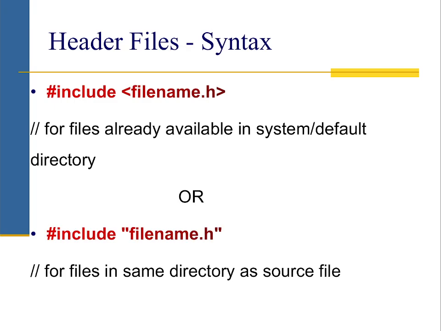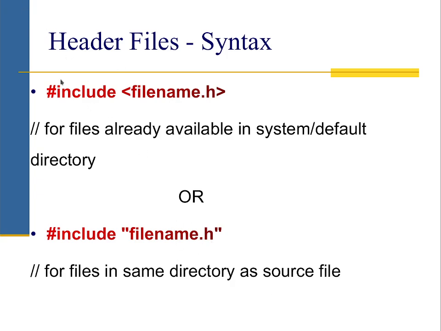So here is the syntax to use a header file. You use the hashtag include, then you put in less than and greater than with the file name .h. For files already available in the system or default directory, this is how you do it. You also use hashtag include with the file name .h in double quotes for files in the same directory as the source file.